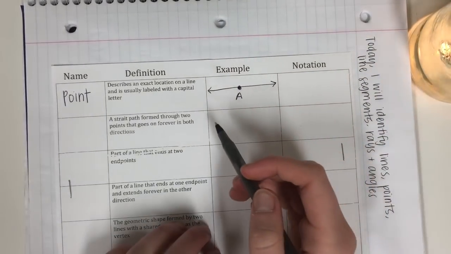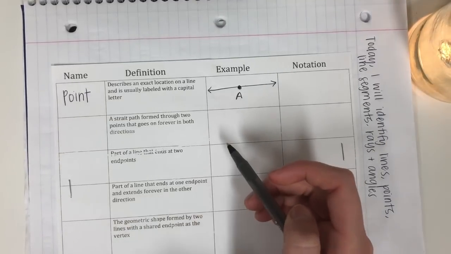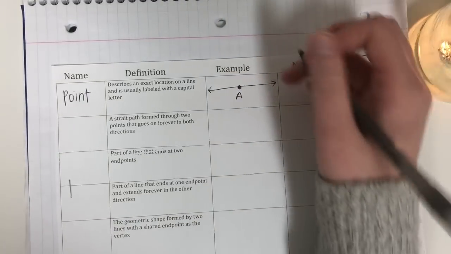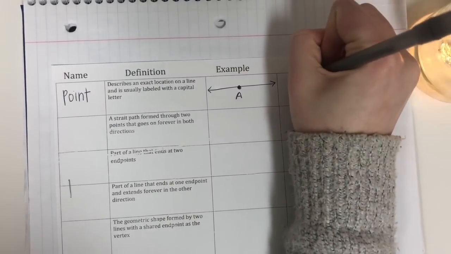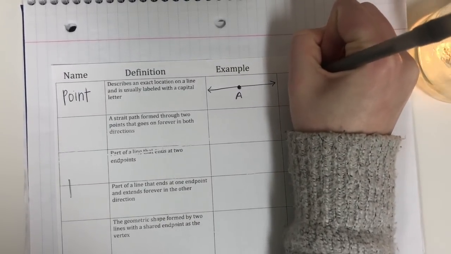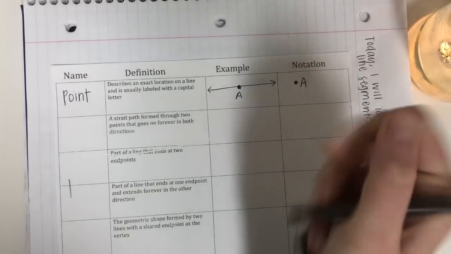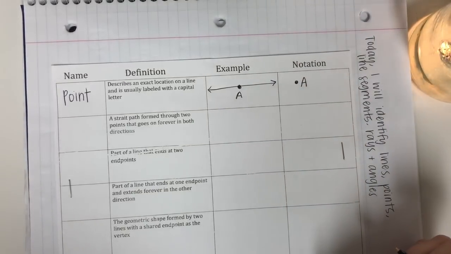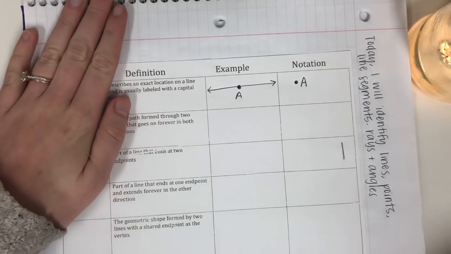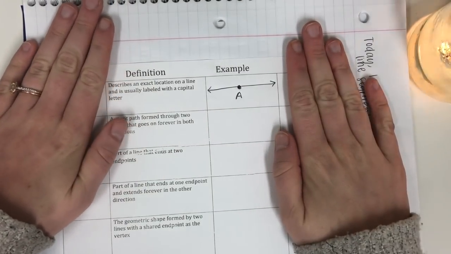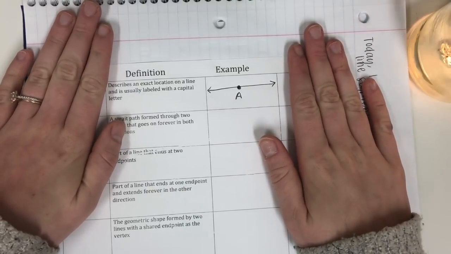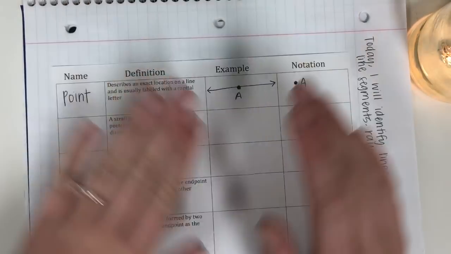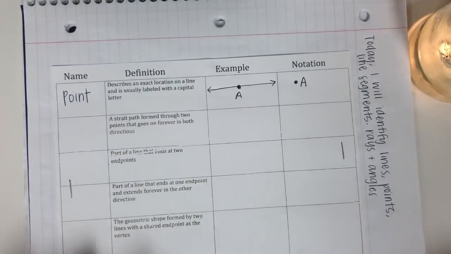It has a capital letter. When we are notating it, we would write point and then whatever letter is that point. So if we just saw this, we would think, okay, it describes an exact location on a line and it's labeled with a capital letter. So this is what we call a point.